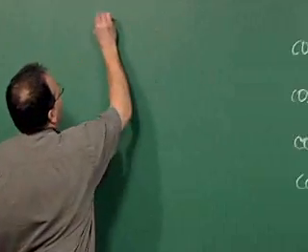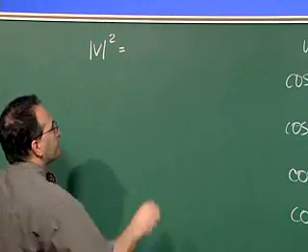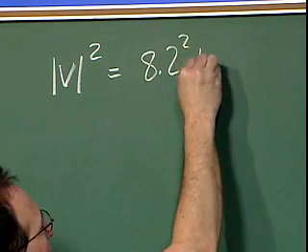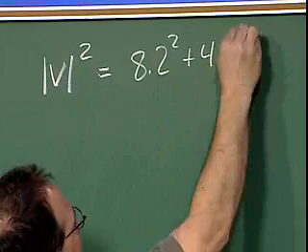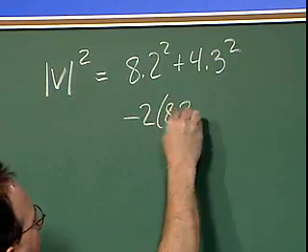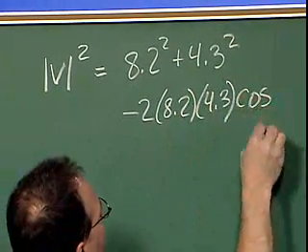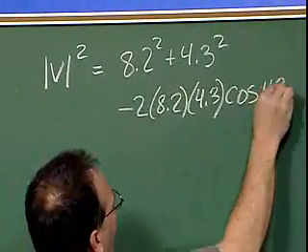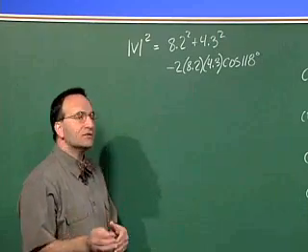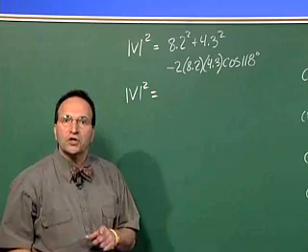So, I have the magnitude of vector v squared is equal to 8.2 squared plus 4.3 squared minus 2 times 8.2 times 4.3 times the cosine of the angle between them, 118 degrees.